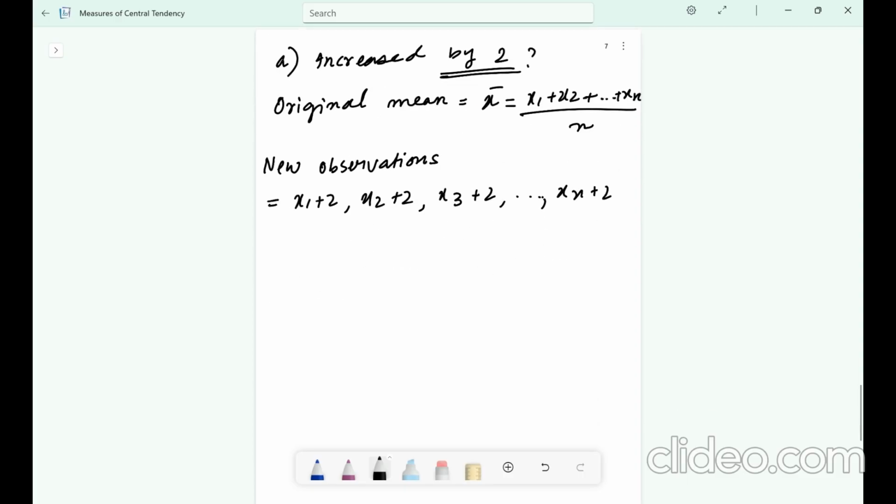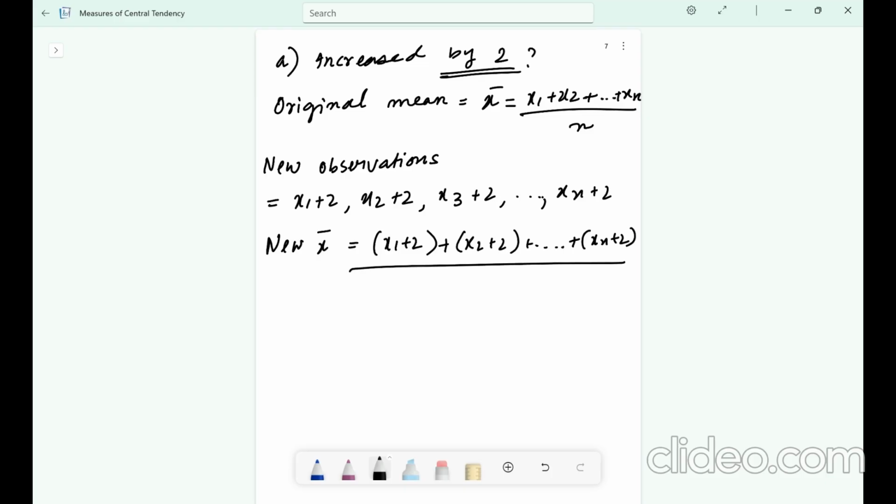Then the new x bar will be x1 plus 2, x2 plus 2, and so on till xn plus 2, divided by n. If we calculate it, x1 plus x2 and so on till xn, plus 2 n times, so 2n by n.